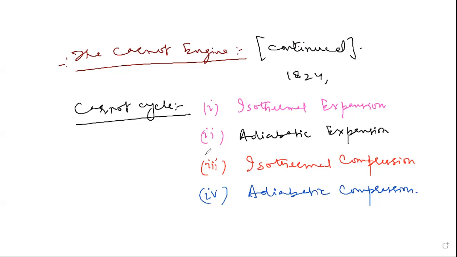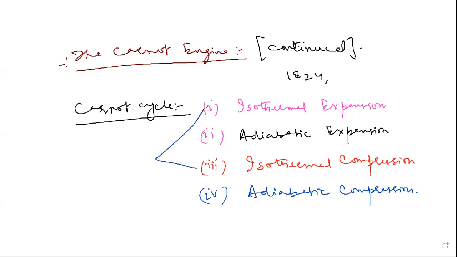First, the gas is isothermally expanded, then it is adiabatically expanded, then it is isothermally compressed, and then it is adiabatically compressed in order to complete the cycle. You know, isothermal processes mean the temperature of the system during the process remains constant.